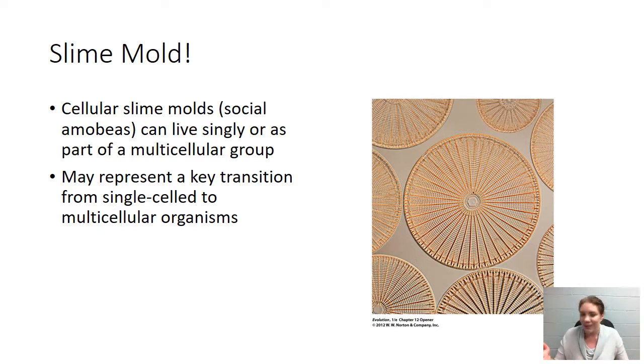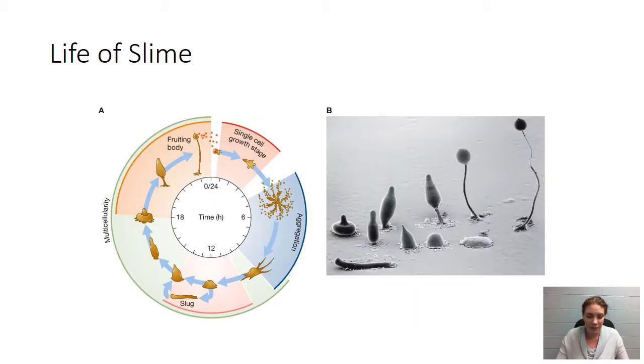So, spoiler alert, this is one of the things that we look at: how did we get from single-celled organisms like amoebas and really simple protozoa and bacteria to the complex multicellular us's that are walking around? By looking at organisms that have life stages of both single-celled and multi-celled, we hope that we can start to get a handle on how those transitions may have occurred.